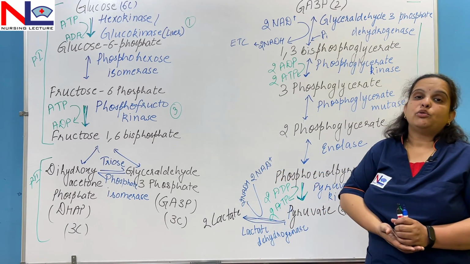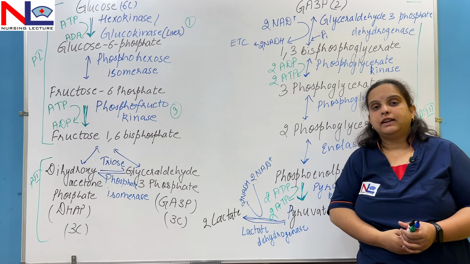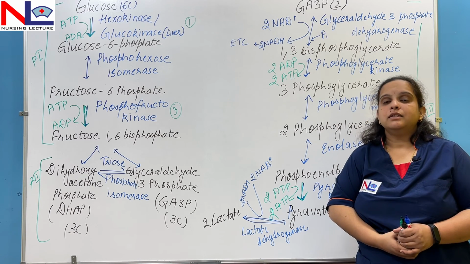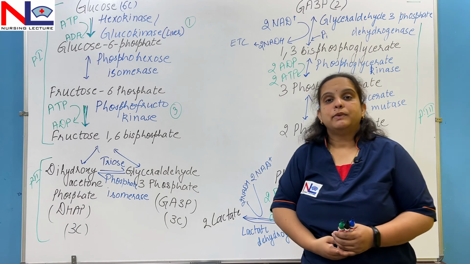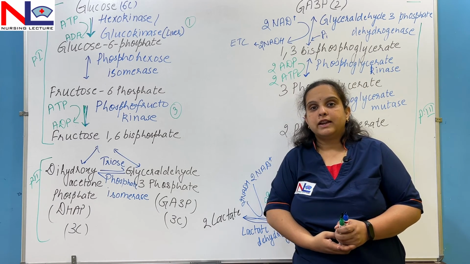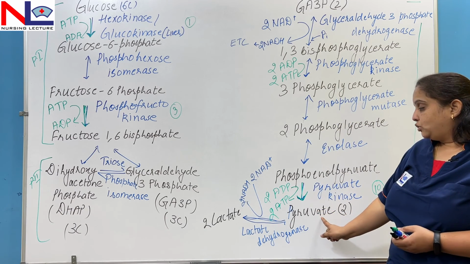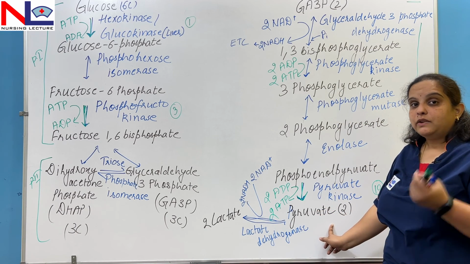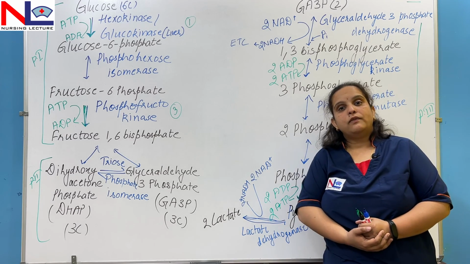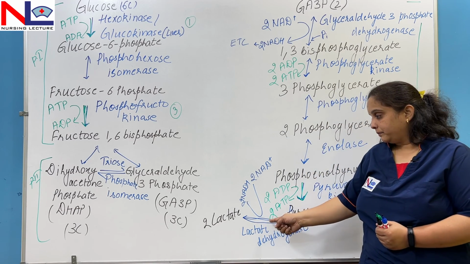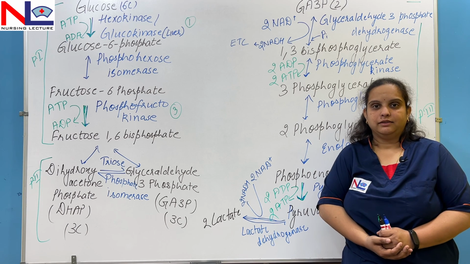So in anaerobic, where the end product is lactate, the net ATP is 2. So this is how we have seen the glycolysis pathway, where glucose gets oxidized and forms 2 molecules of pyruvate from 1 molecule of glucose in aerobic condition and 2 molecules of lactate in anaerobic condition. Thank you.